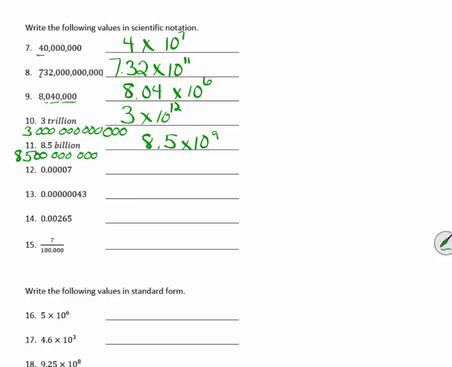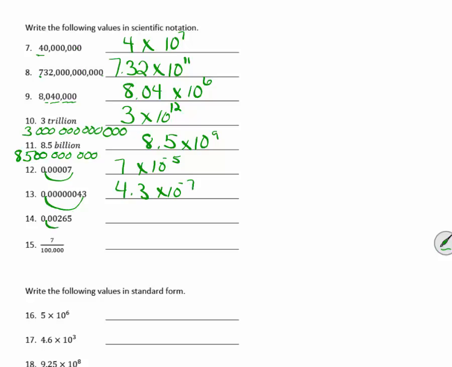If you have a decimal, we did this earlier, then that means that I'm going from here to the end, 7 times 10, and my exponent's going to be negative, because negative exponents give me decimals. 1, 2, 3, 4, 5, negative fifth. For number 13, I'm going to go from the decimal to in between, 4.3 times 10, 1, 2, 3, 4, 5, 6, 7, negative 7.